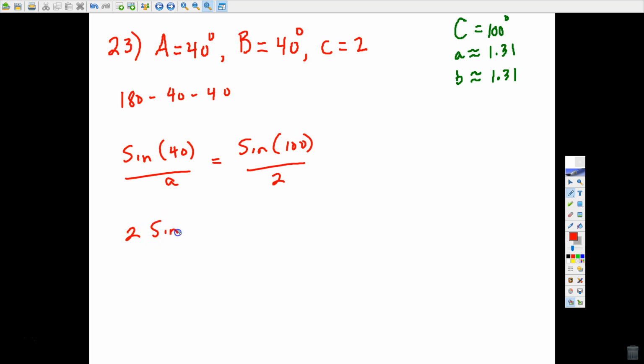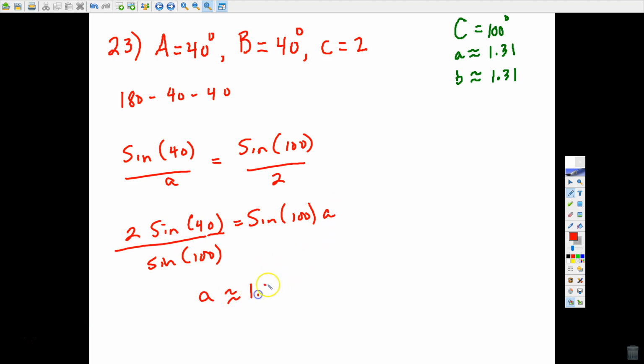So 2 sine 40 equals sine 100 A. So in our calculator, we'll just do 2 sine 40 divided by sine 100. And when you do, you get A is rounded 1.31. And we have that same situation that we had previously. Since A and B are the same angle measurements, the sides across from them have to be the same as well. And so the answer to that is, side B is also 1.31.